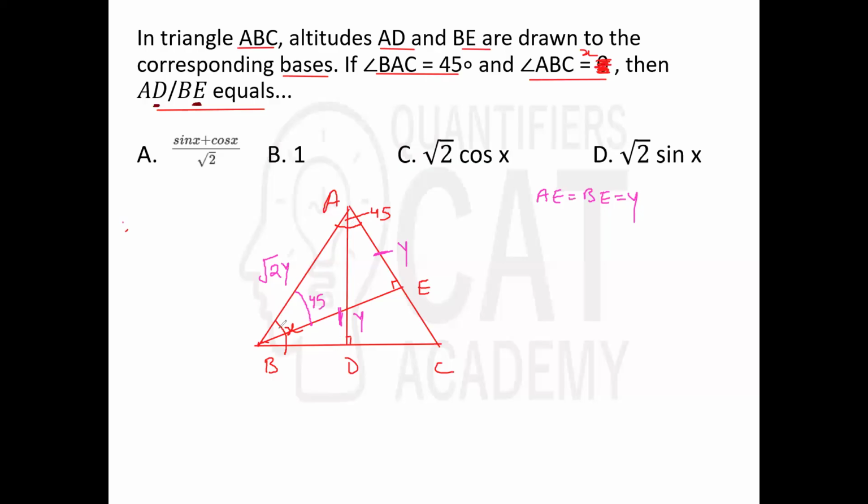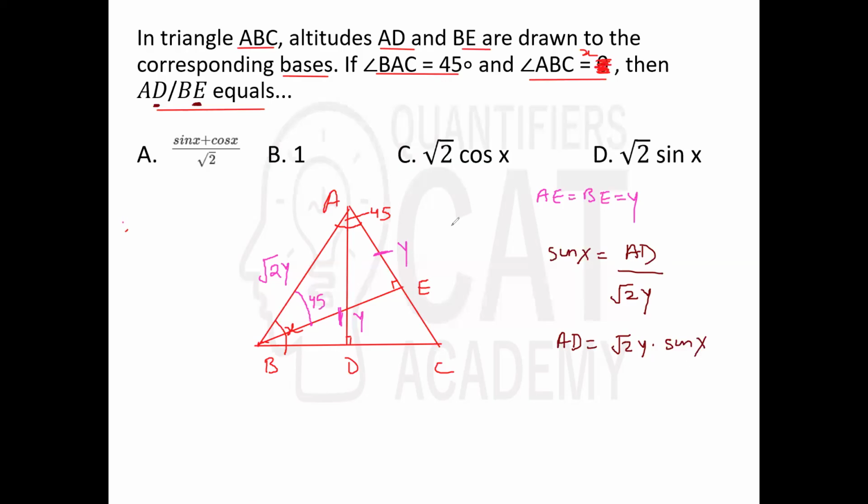In it, this angle is x, right? We have to use x because options are given in terms of x. So if I have to use this x, and if I find sine of x here, sine of x, now sine is perpendicular upon hypotenuse, so sine of x will be AD upon AB, right? Sine of x will be equal to AD upon AB. And students, AB we know is √2y, right? AB we know is √2y. From here, students, I can say that AD will be equal to √2y into sine of x.